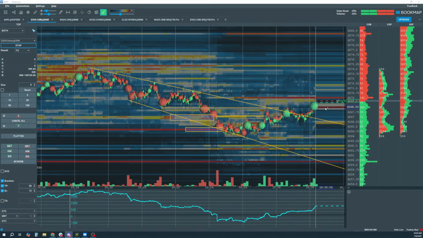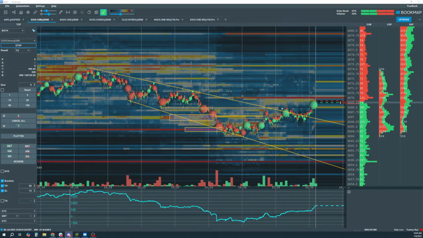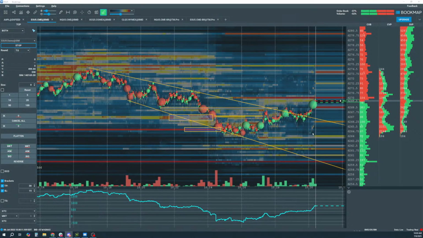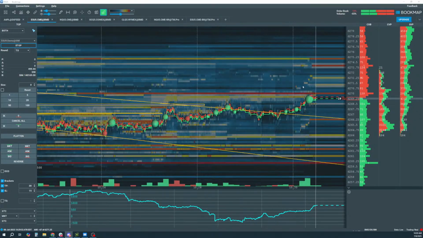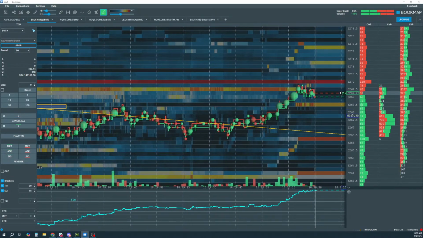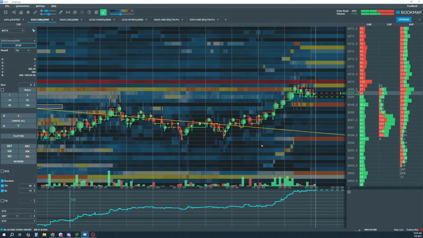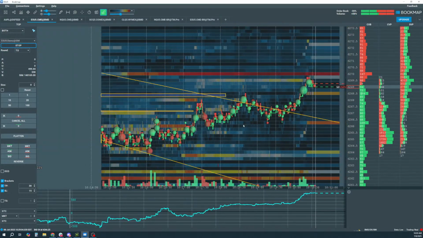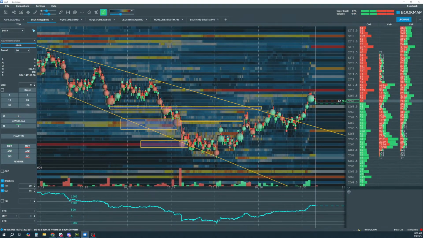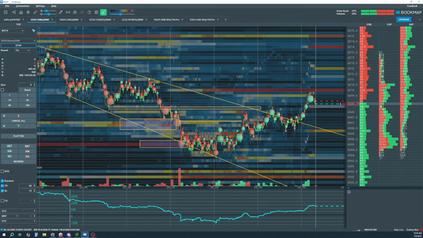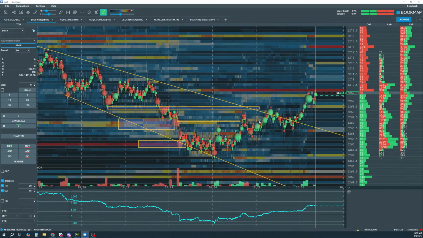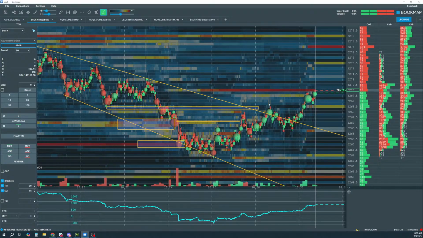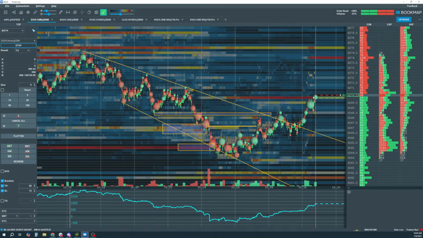Like right now, look at how we're breaking this trend, and we're going to trade up to this 70 liquidity here. And there we go, there's 70.